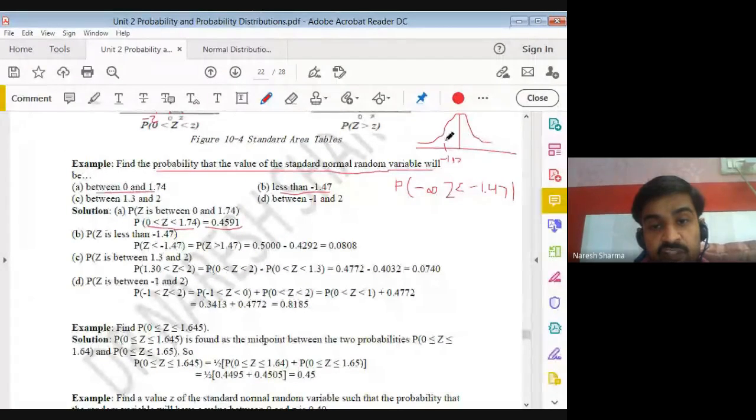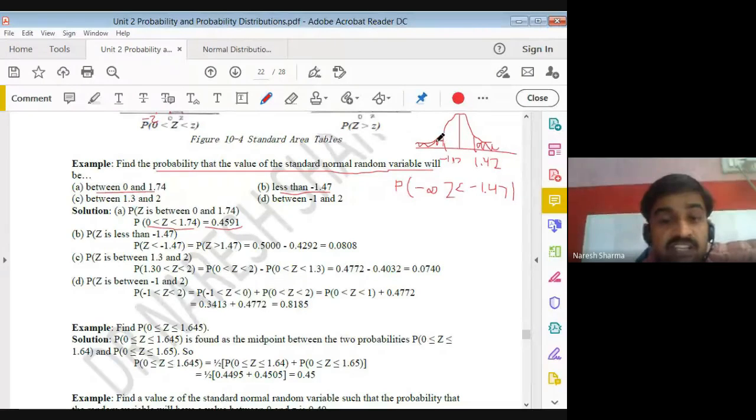Then minus infinity to minus 1.47 is this area. If we take the point at plus 1.47 on the right side, the area from 1.47 to infinity is the same as this negative side area, because this is a symmetric curve.